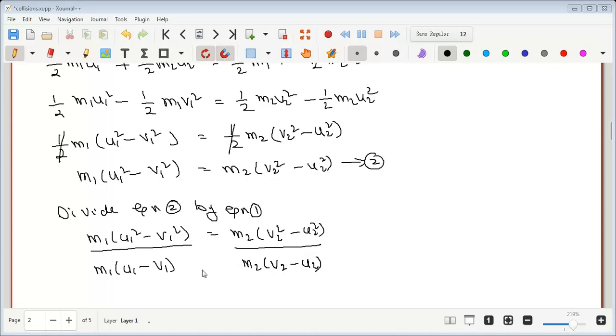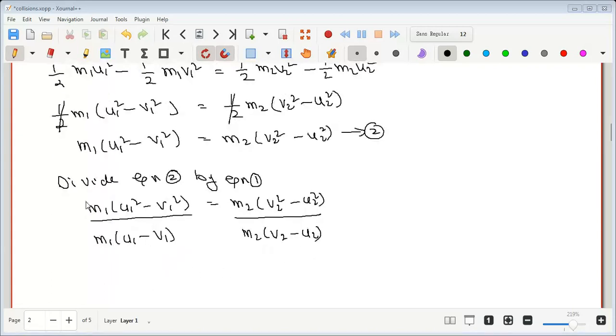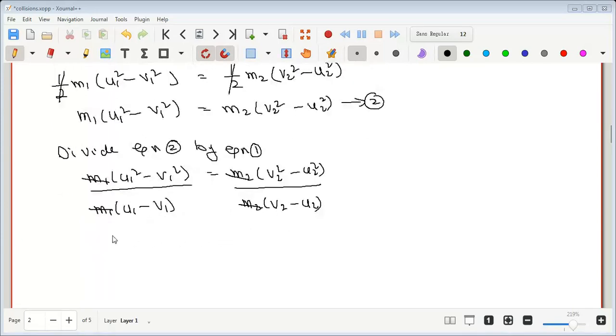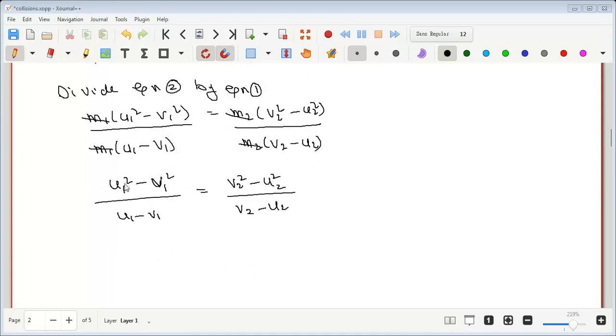The denominator is the first equation. Now cancel the m1 and m2 terms. We get (u1 square minus v1 square) by (u1 minus v1) is equal to (v2 square minus u2 square) by (v2 minus u2). The numerator term looks like a square minus b square.